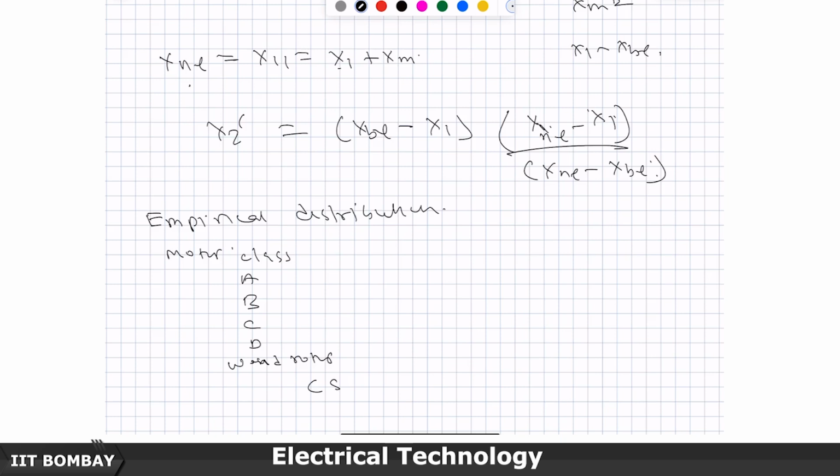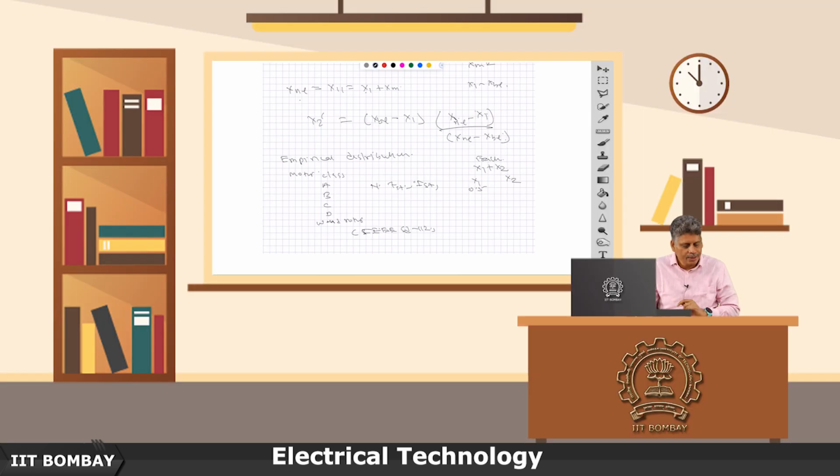This is IEEE standard 112, as I mentioned to you, and this says that for class A motor with normal starting torque and normal starting current, if this is x1 plus x2, what fraction should be used for x1 and what fraction for x2. So, x1 should be taken as 50% of the total x1 plus x2, and x2 also 50% of x1 plus x2.